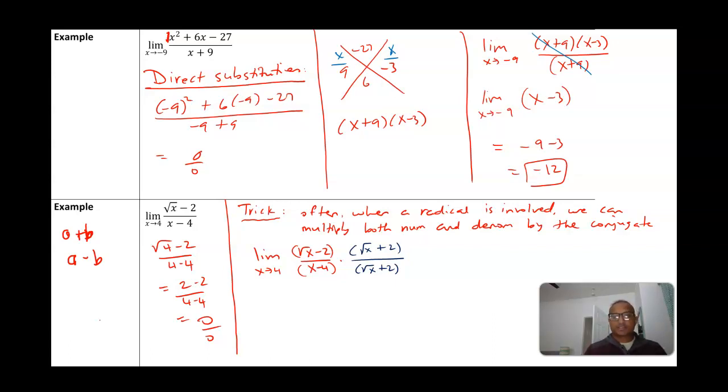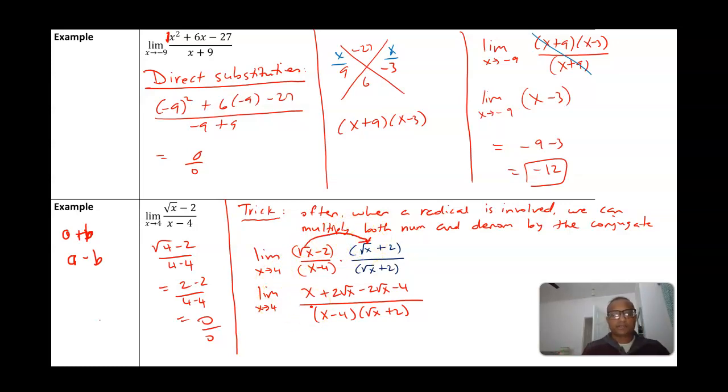Okay, so here's a little trick. On the denominator, we're going to leave this the way it is. The numerator we FOIL, the denominator we leave it alone. So if we FOIL the numerator, we're going to get the following. We're going to get radical x times radical x, which is just x.